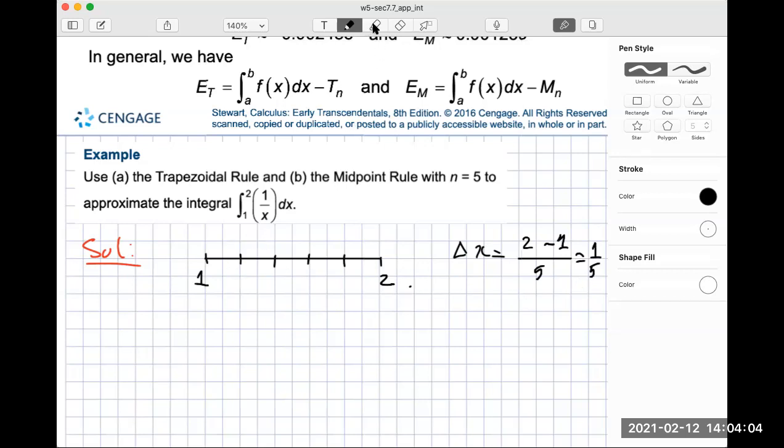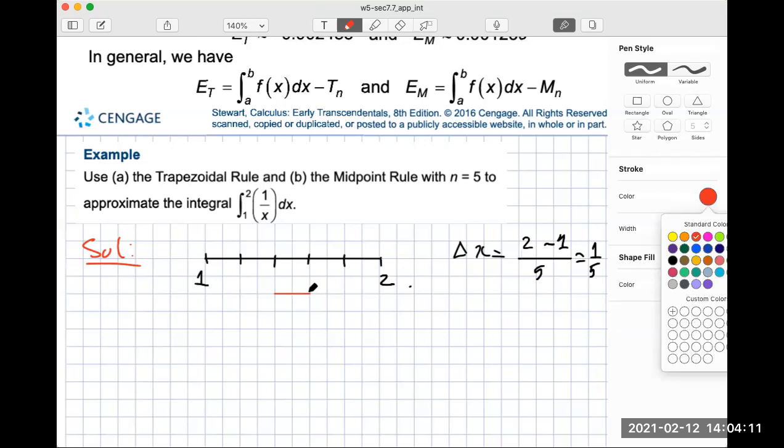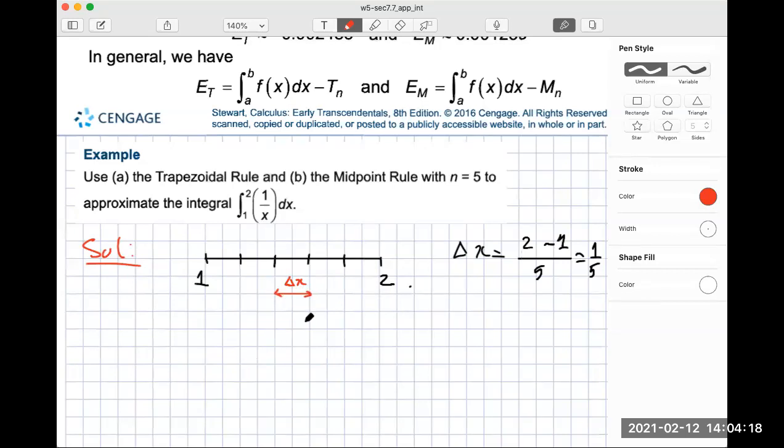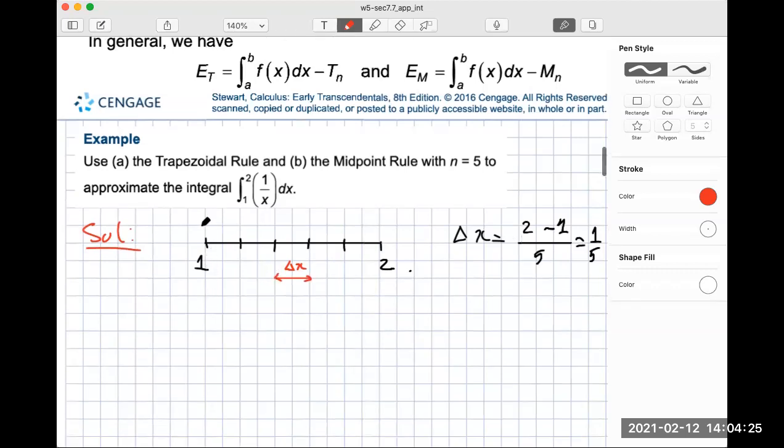So this distance is 1/5, delta x. The corresponding points will be x0, x1, x2, x3, x4, x5.